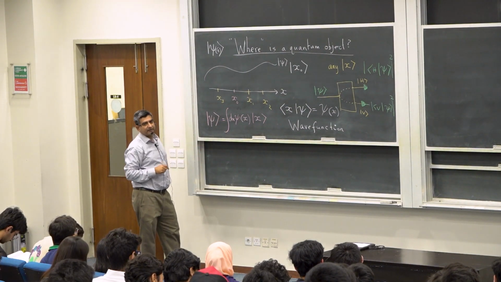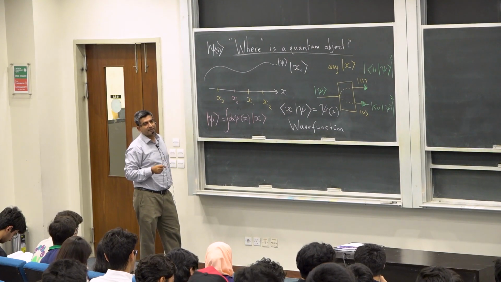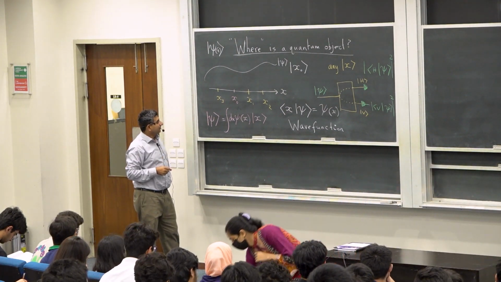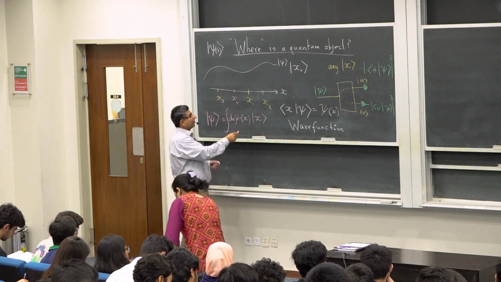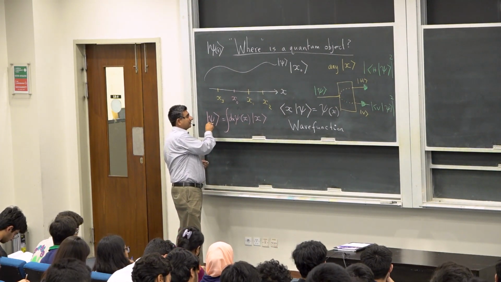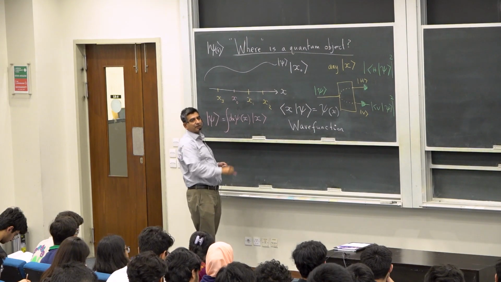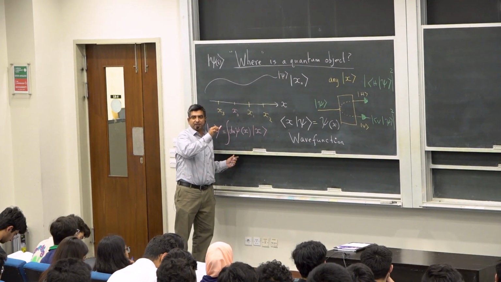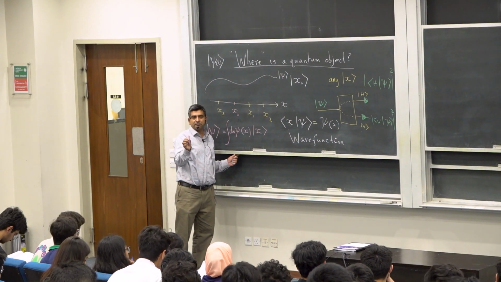This is what the ket is, but you don't need to understand this. All right, so this is how you move from ket x to psi and psi to the function. Okay, so any more questions? I'm going to give you a few examples.